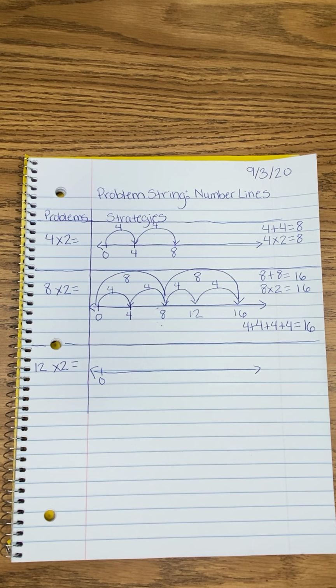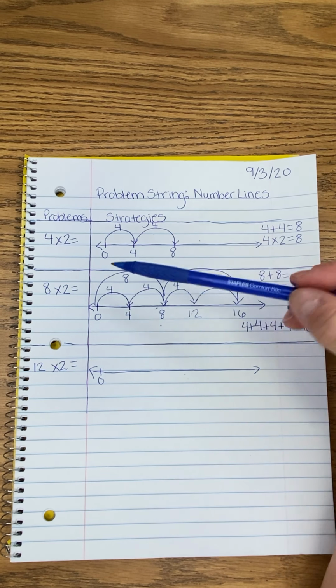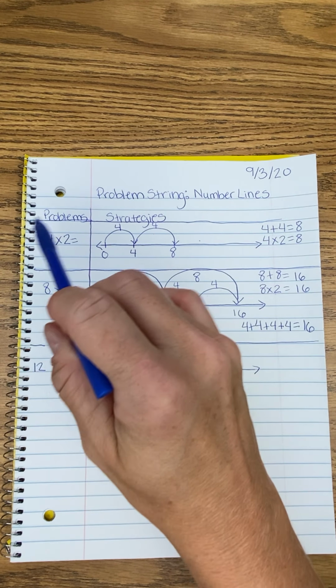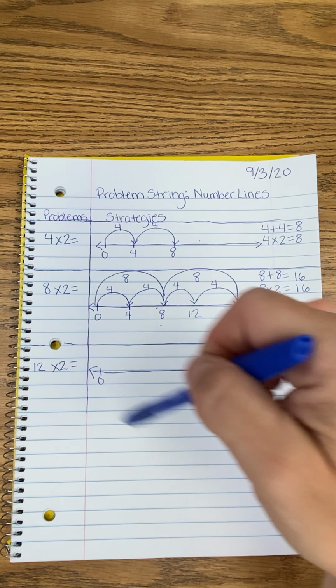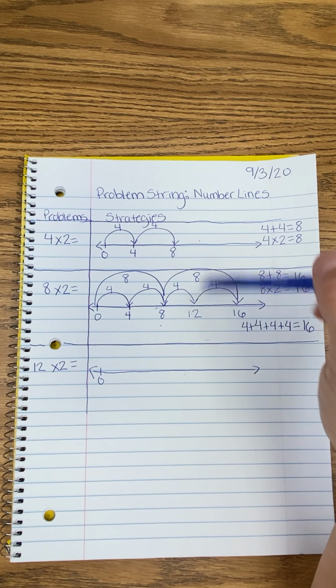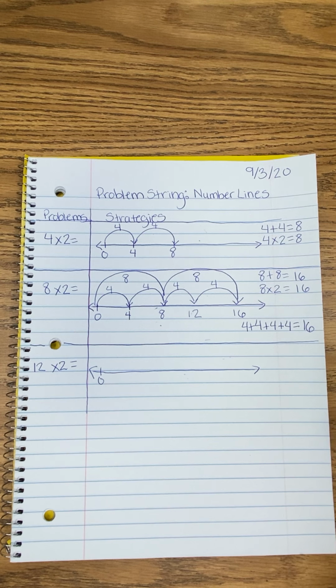And how could I use this to help me solve this? So I want you to think about the relationship here between these numbers, and how can I use these two to help me solve this one.